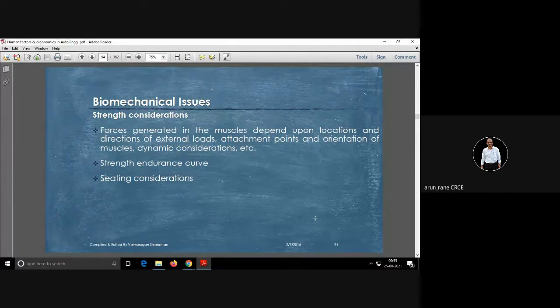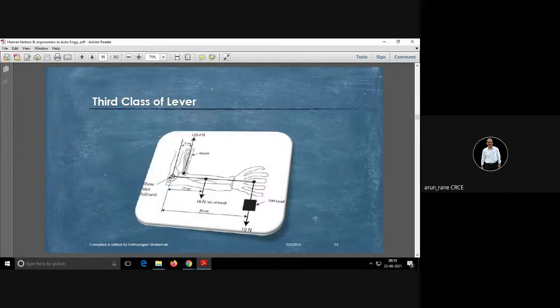You should also consider the strength, and you should have a knowledge of levers, that is first lever, second lever, third lever, where the force is applied and where the fulcrum is. This is slightly strength of materials or mechanics.